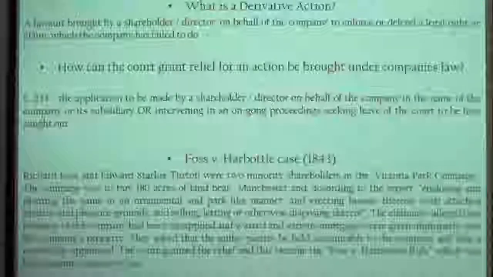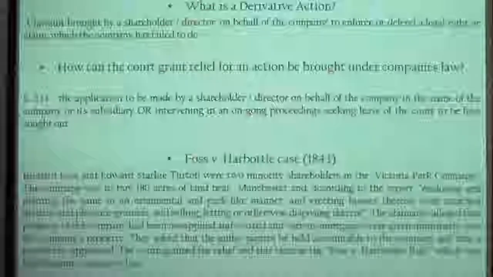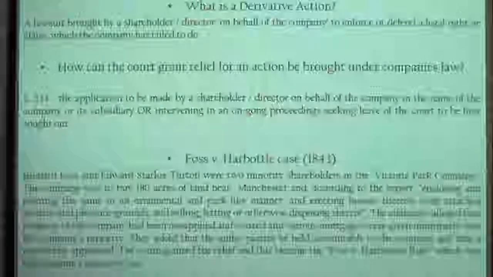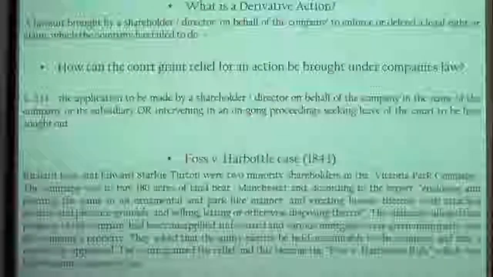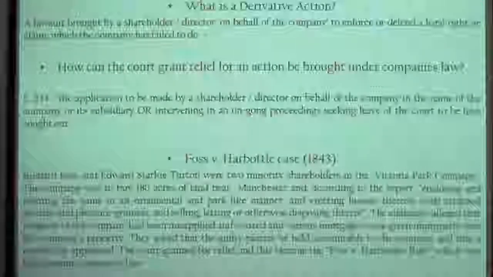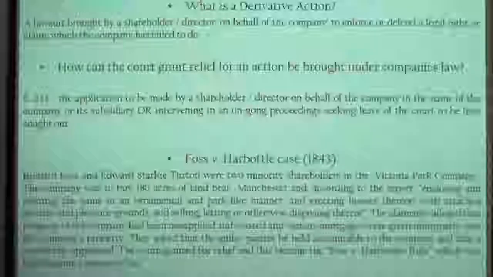However, the most important thing you need to keep in mind is that you cannot file the action and seek relief at first hand, like in the other two areas of oppression and mismanagement.